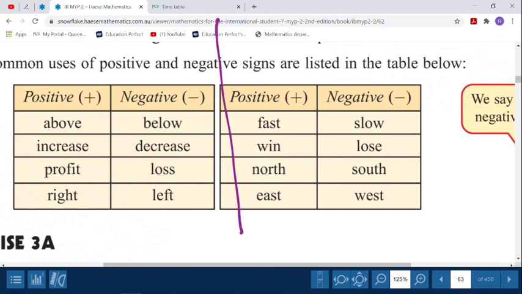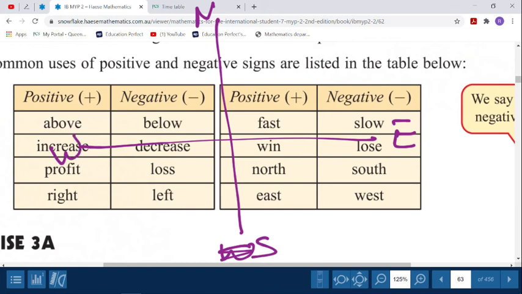So you have north at the top, east, west, south and west, okay? If you think of this as the 0 over the number line, north is actually the same as saying up or above, right? So that's why we think of it as positive. South is like saying going down, so that's why it's negative. East is going right, so it's a positive. And west is going left, that's why we think of it as negative.